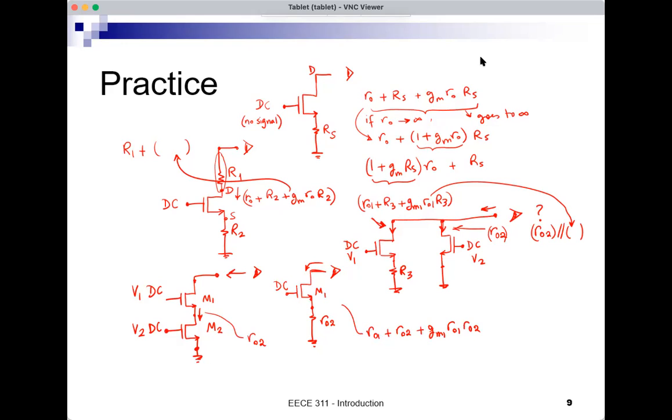So this is what I will see in this situation. When I have two MOSFETs, I will get this kind of resistance looking into the drain of the upper one. Of course, they should have both DC at their gates.